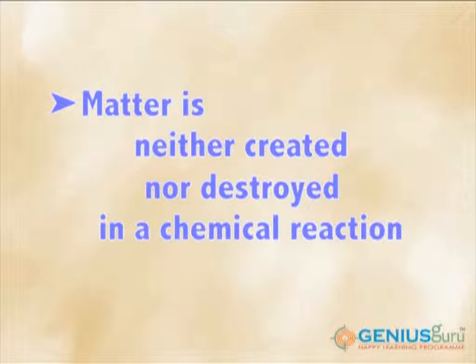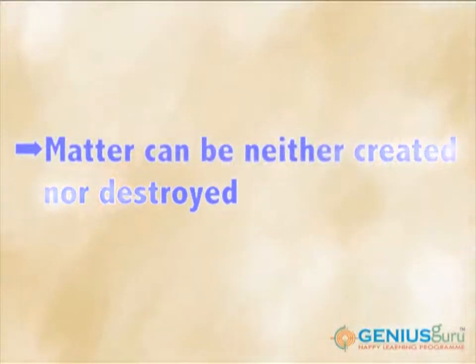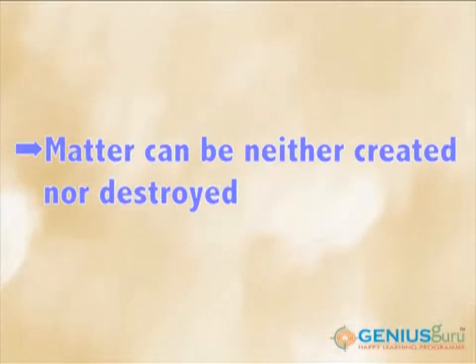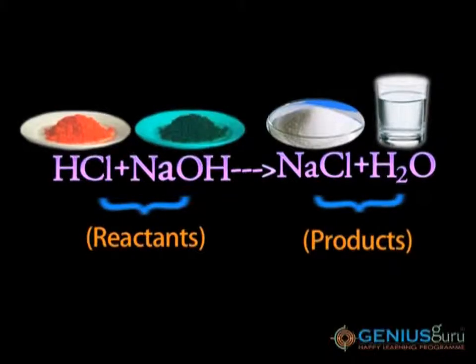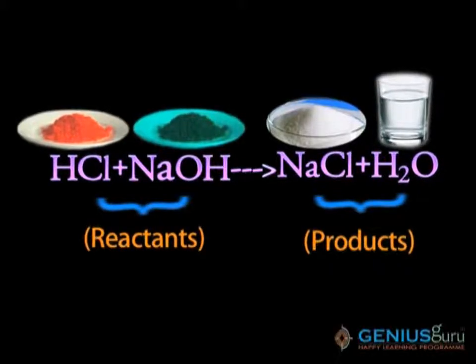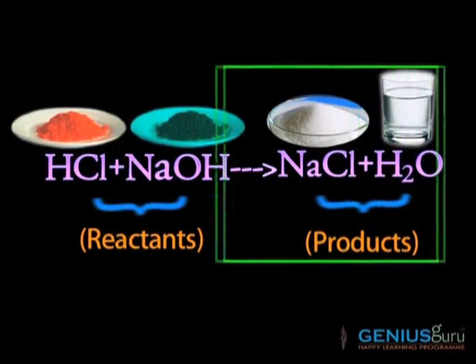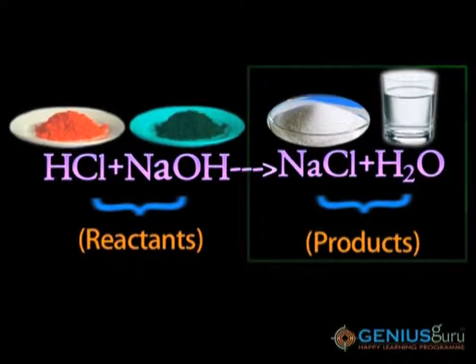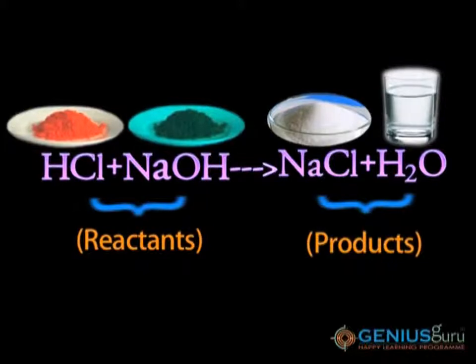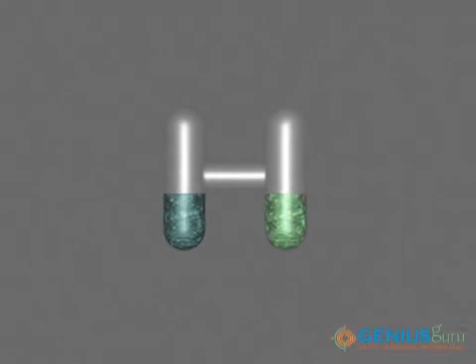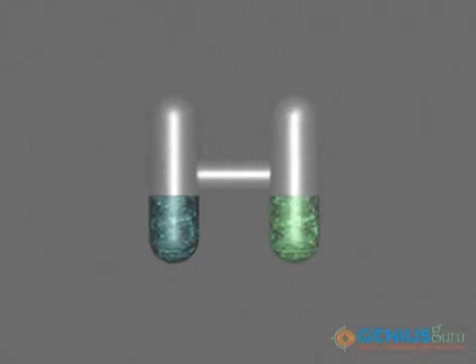That means we cannot create matter or destroy matter. Then what about this chemical change? Yes, simply the matter is converted from one form or one chemical substance into another chemical substance. To understand this law, let us consider an H-shaped jar which has two limbs.